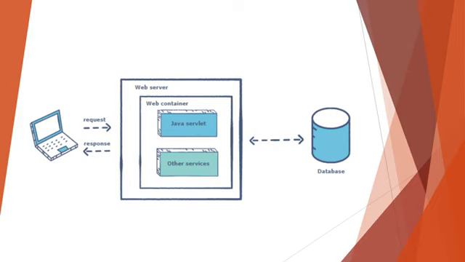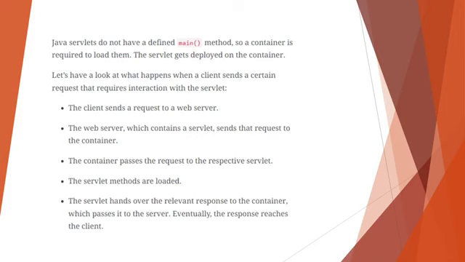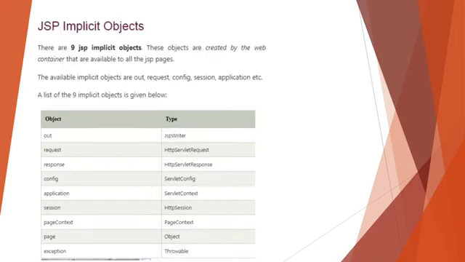So ultimately, as I said earlier, if you want to understand the web container, take the example of a web browser, then you will understand it very easily. Okay, now the main thing that we will talk about in today's lecture is the last topic of JSP, which is the implicit objects. What are the implicit objects and what is their usage, we will discuss in this lecture.